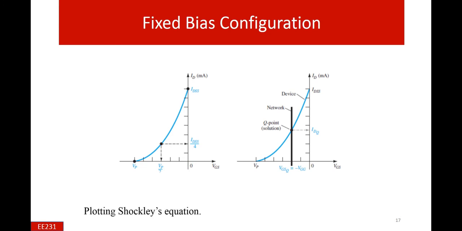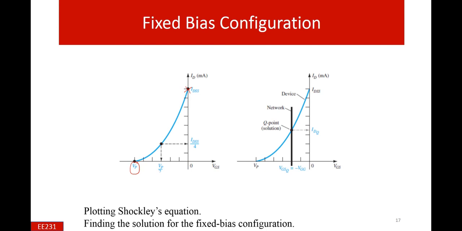The behavior of the device can be seen through this blue line, and these are the extreme points: the maximum current, which is at VGS equal to 0, and this is the extreme voltage we can apply, which is the pinch-off voltage.